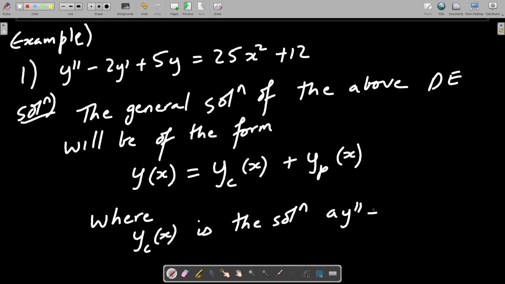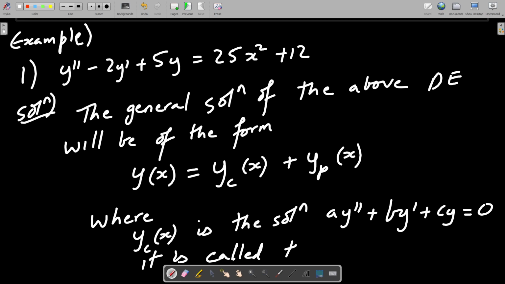a y double prime plus b y prime plus c y is equal to 0. So it is the solution which you get by equating this LHS equal to 0 and solving it. What you get over there is called yc, and it is called the complementary function.